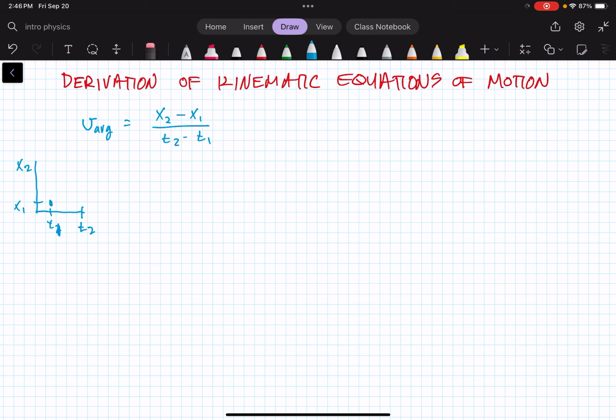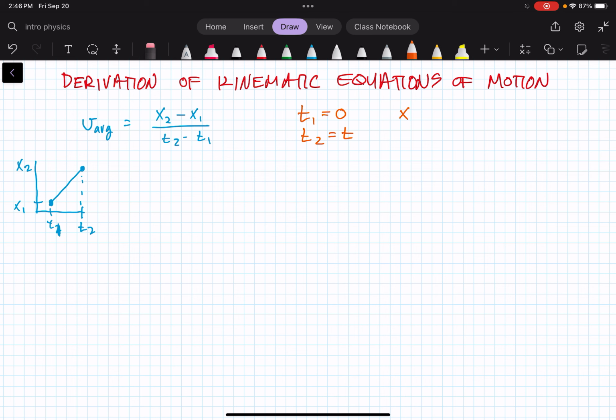And so we want to know how to describe this motion from point 1 to point 2. One of the things that we said we could do in the lecture on Thursday was say, all right, we can start the time whenever we want. So we're going to let t1 be equal to 0. That's when we start our clock. And we're going to call t2 just our time, whatever time is read off that clock.